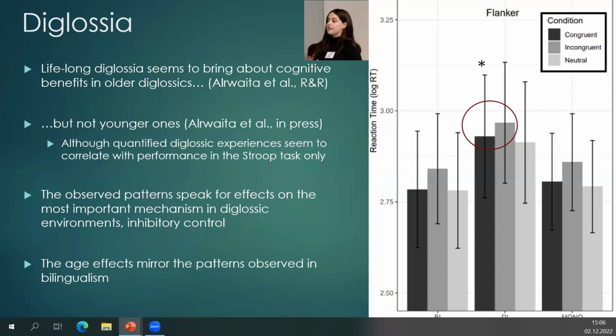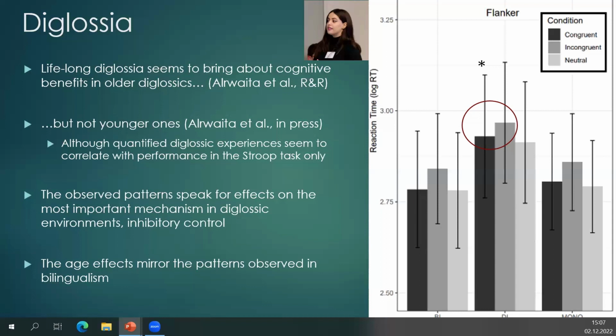All the older diglossics showed better performance in the flanker task, in the comparison between congruent and incongruent conditions. So the flanker effect here was smaller compared to both bilinguals and also monolinguals. So there was a diglossic advantage in the older diglossics compared to monolinguals, but also compared to bilinguals of the same age, right?